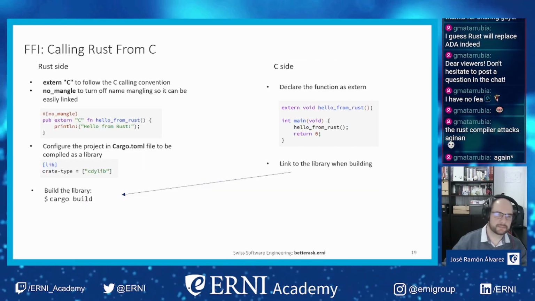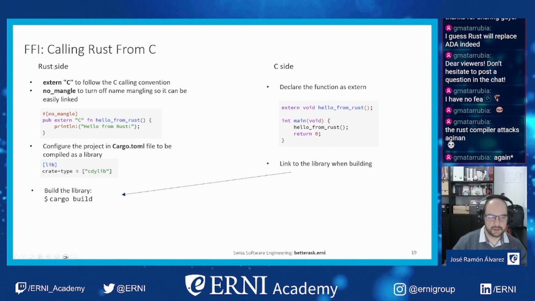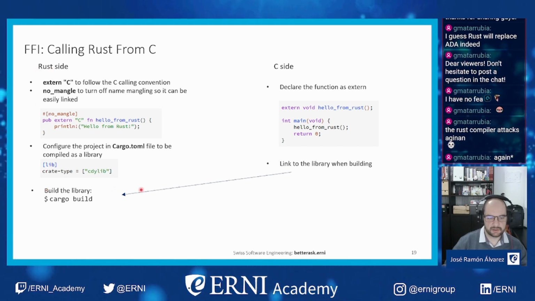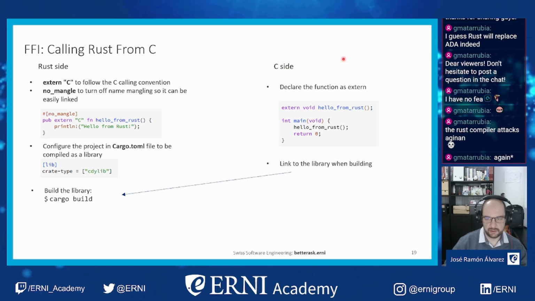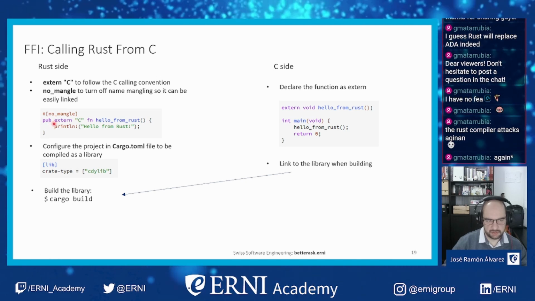And the other way around, we can call Rust from C. We just need to build a Rust library and link it when we are building the C program. We need to declare the function as public to get access.